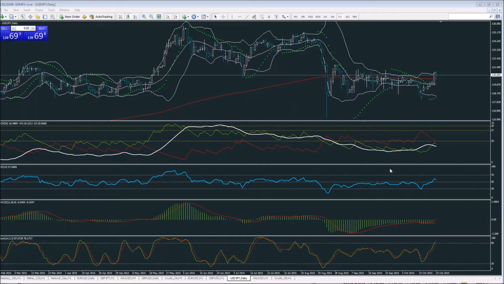Now, if traders are to analyze the US dollar and how much it will appreciate against the yen, then of course the quote in front of you, sell price of 120.69 and buy price of 120.70, will look like.